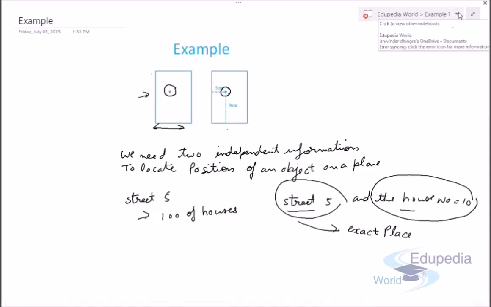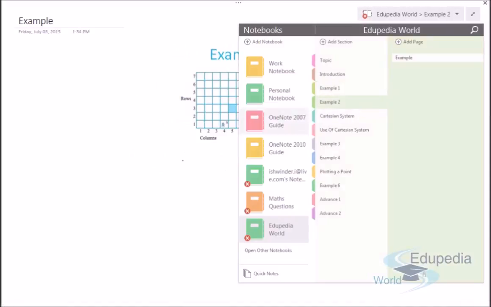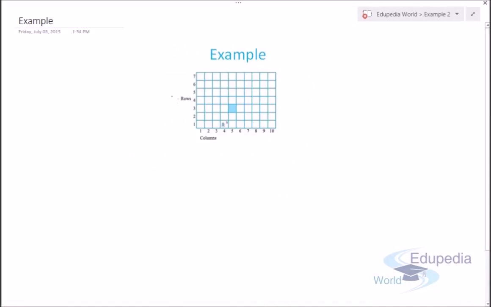So let me explain through one more example. Now here is a good example. Suppose the teacher says go and sit on column number 5. So here is column number 5. Now in column number 5 we have 1 2 3 4 5 6 7, you have 7 seats.